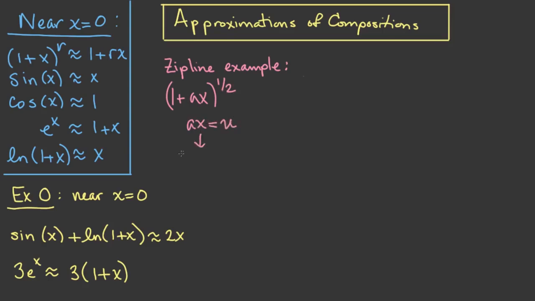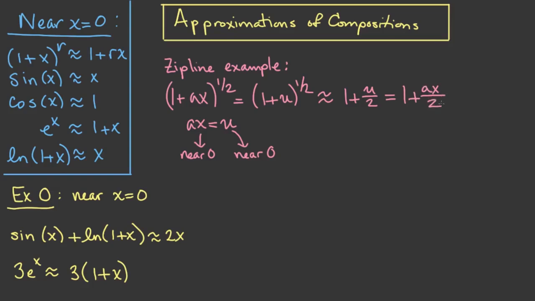And we noted that when x is near 0, u is also near 0. So we can take the standard approximation, and we get that this is approximately equal to 1 plus u over 2. Then we just substituted back in for x, and we saw that this was 1 plus ax over 2.